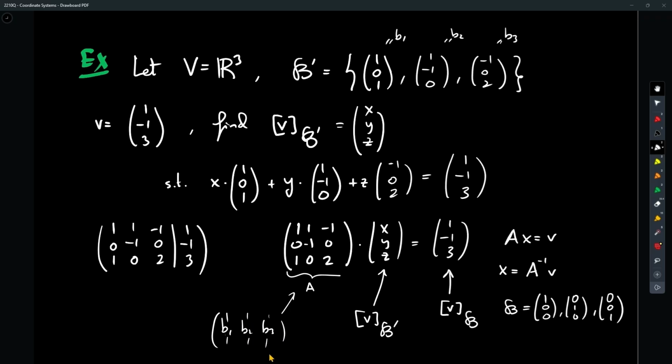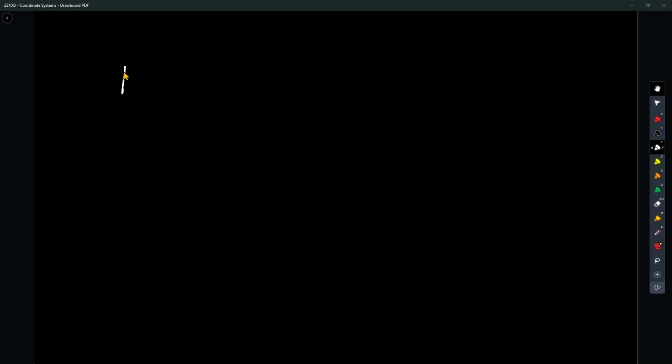So what we have figured out is that if I write B prime to be the matrix that has B1, B2, and B3 for columns, those are the vectors in the basis B prime, right? So B prime was given by 3 vectors.